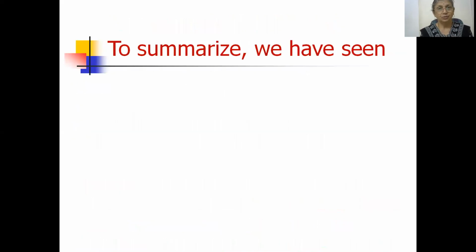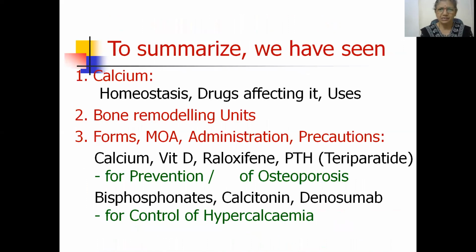Okay, so that brings us to the end of the series of lectures on calcium. To summarize, we have seen the calcium homeostasis and how drugs favor it or may interfere with it, and where do we need to use calcium as a supplement to diet. Yes, remember, it's always a supplement to diet when required.